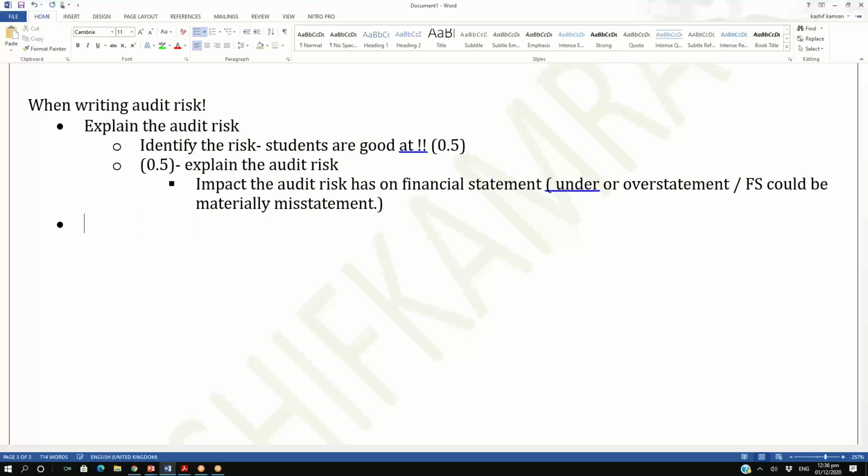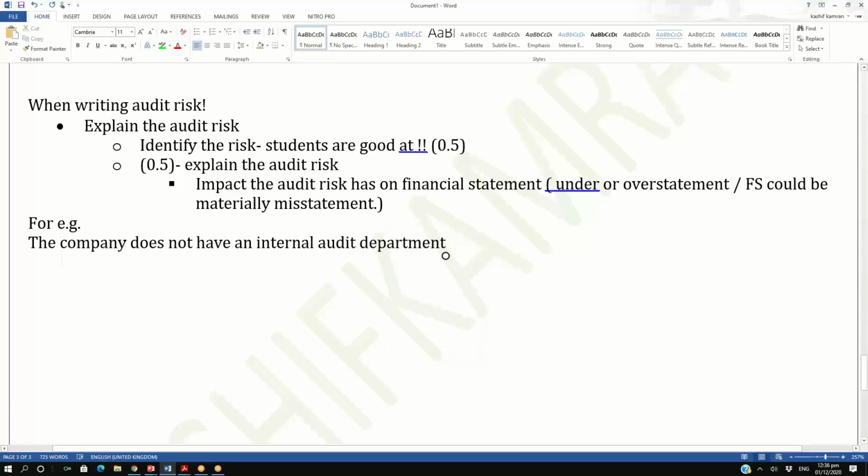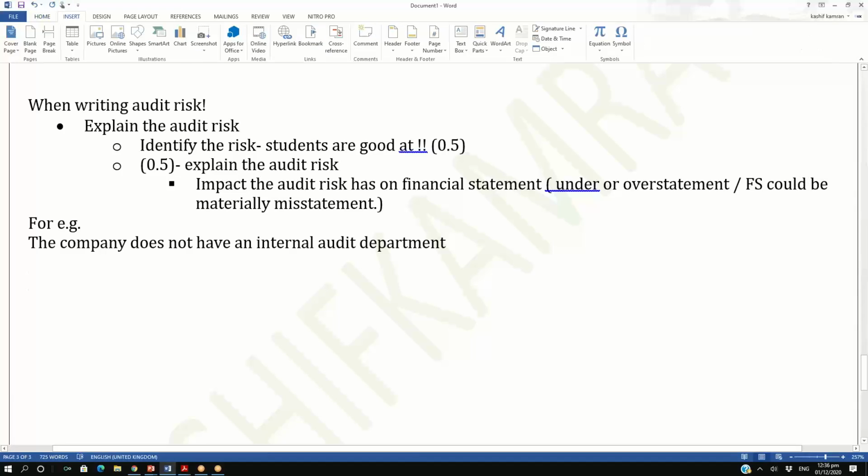Now, just for example, the company does not have an internal audit department. This is an audit risk because this is part of the control risk. Now, you need to explain that. So I put my two columns here.